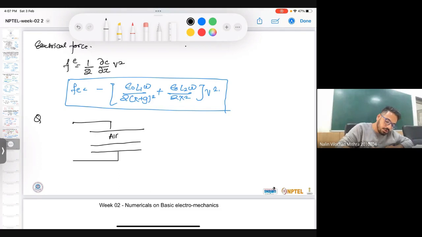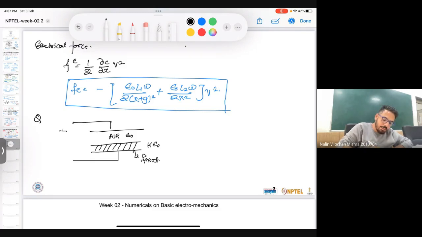This is air, and the dielectric permittivity is given as epsilon, and this is some medium which has the dielectric medium like this. Consider this plate as fixed.